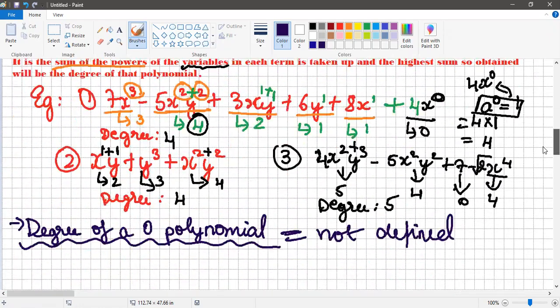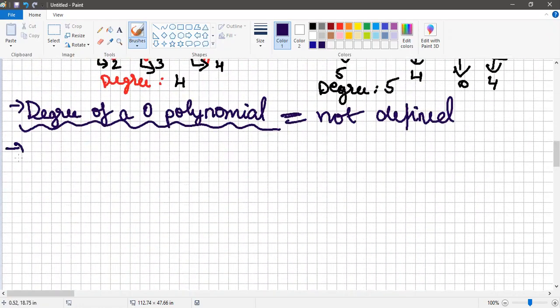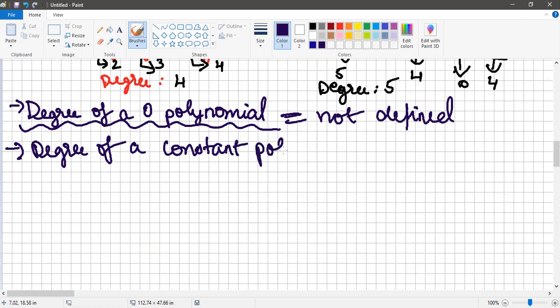You could get a question: what about the degree of a constant polynomial? What about this? This is nothing but 0. Okay, the degree of a constant polynomial is 0. What is this constant polynomial?